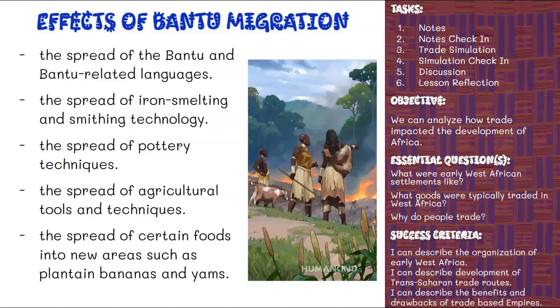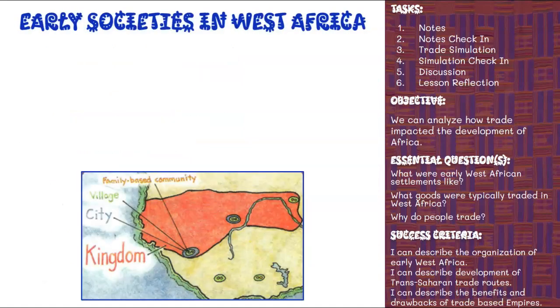All of these things are happening because they're traveling and taking them with them, which means there's some cultural basis that's shared in these areas, and that's why it matters so much.